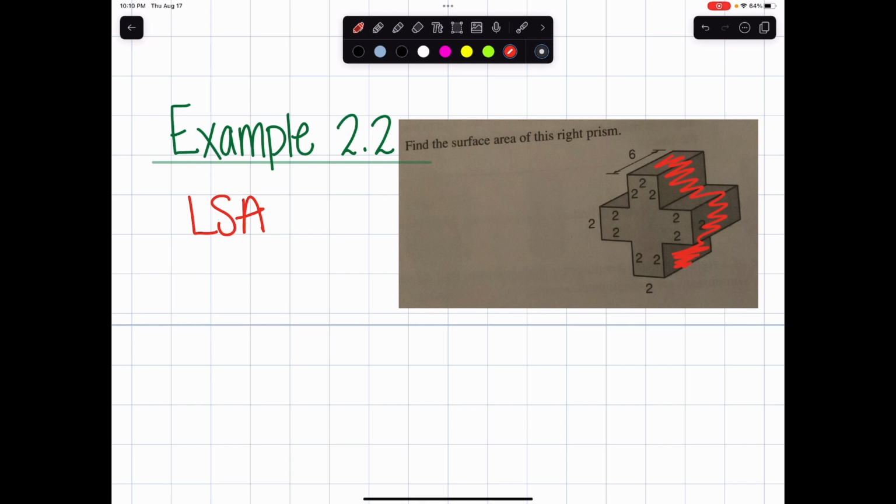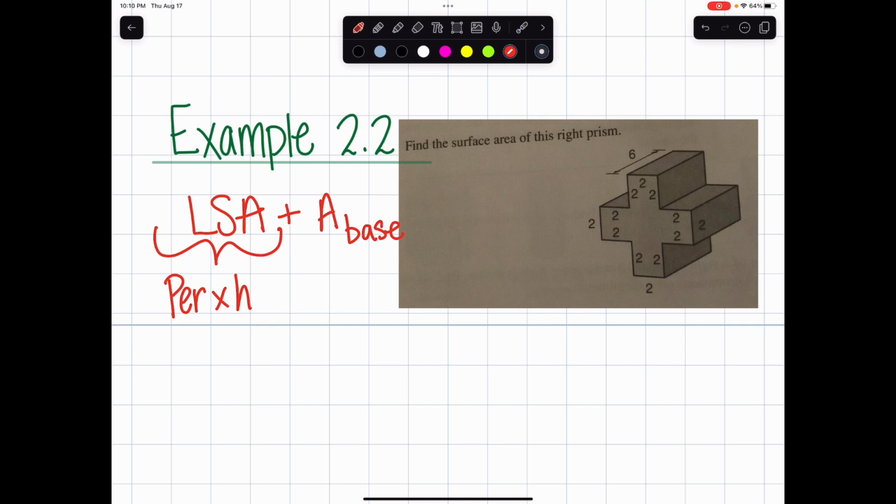And then you need to find the area of the base and multiply that by 2 because there's one just like that on the other side. Perimeter times the height. So that's just the lateral surface area. Let's calculate the perimeter.